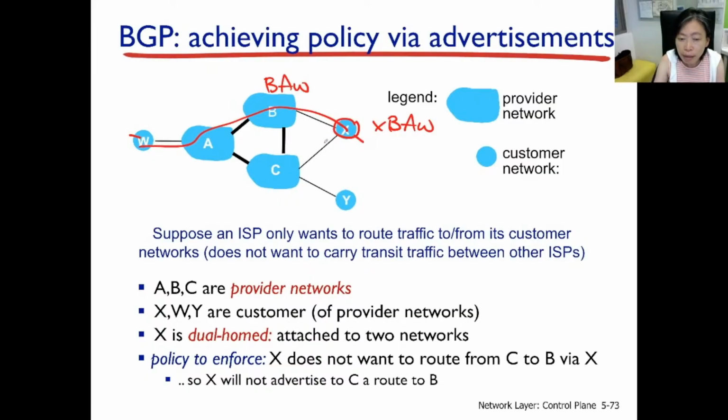But hey, X is dual homed, so there's yet another connection to a neighboring AS, C. So should the network admin of X here send XBAW to C?